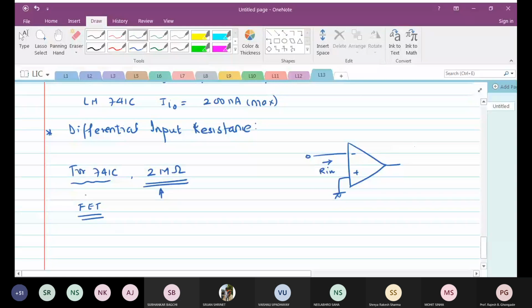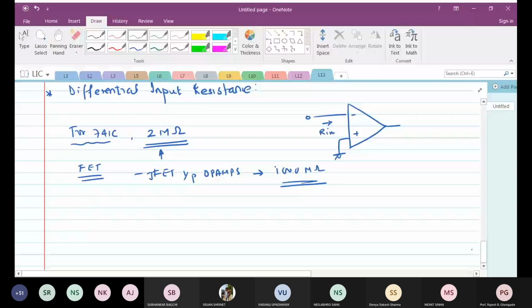So with such inputs, they are called FET input or JFET input op amps. And their differential input resistance is in thousands of mega ohms or even more than that.